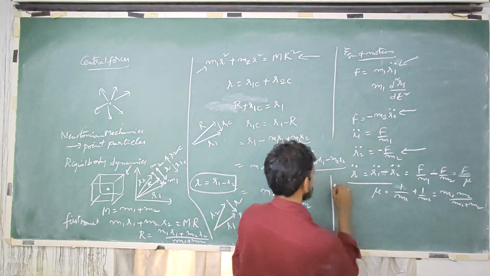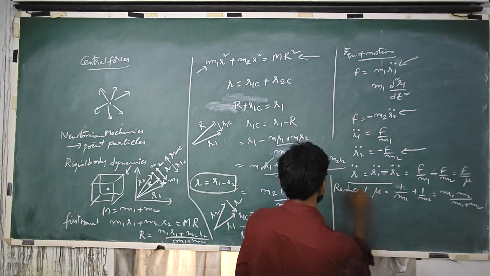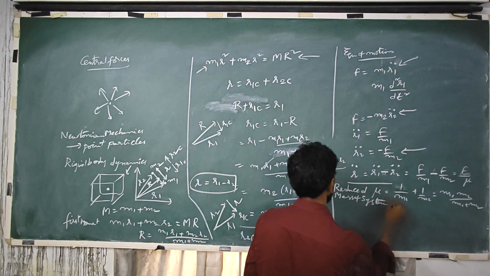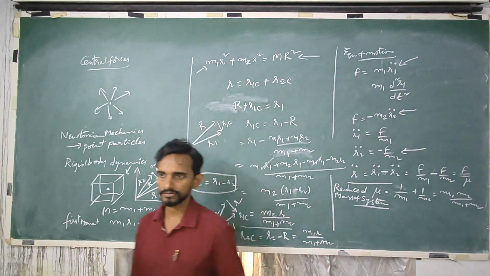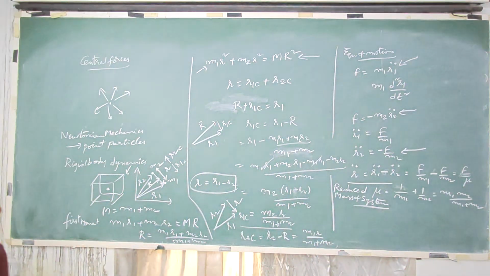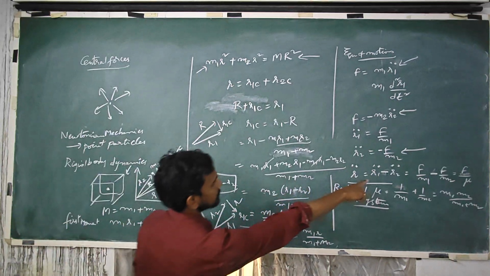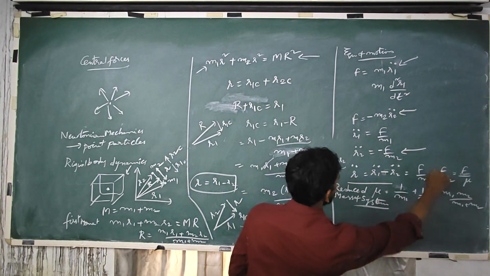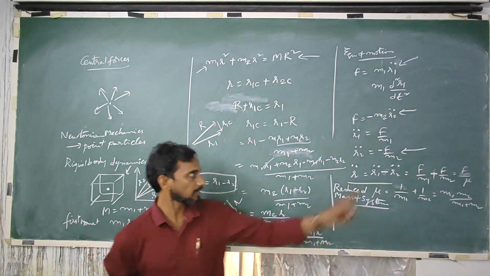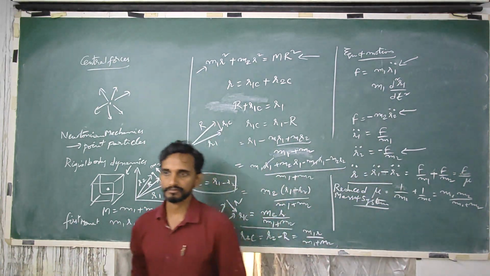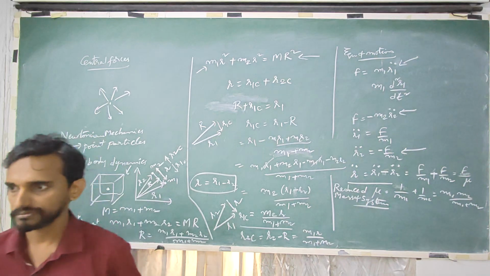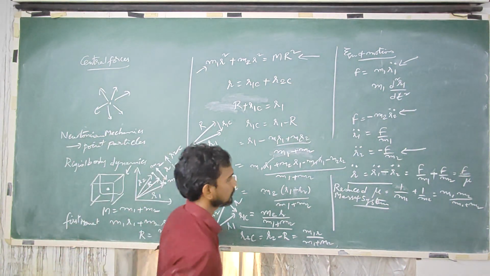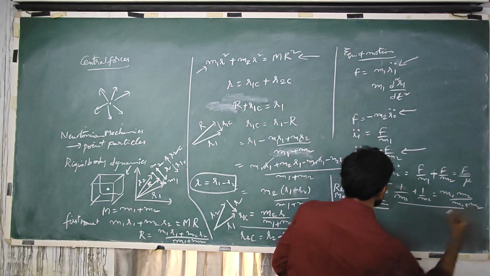So this is called the reduced mass of the system. Here is a minus. This becomes plus. Already there is a minus, I am subtracting. Okay, so that's called reduced mass of the system.